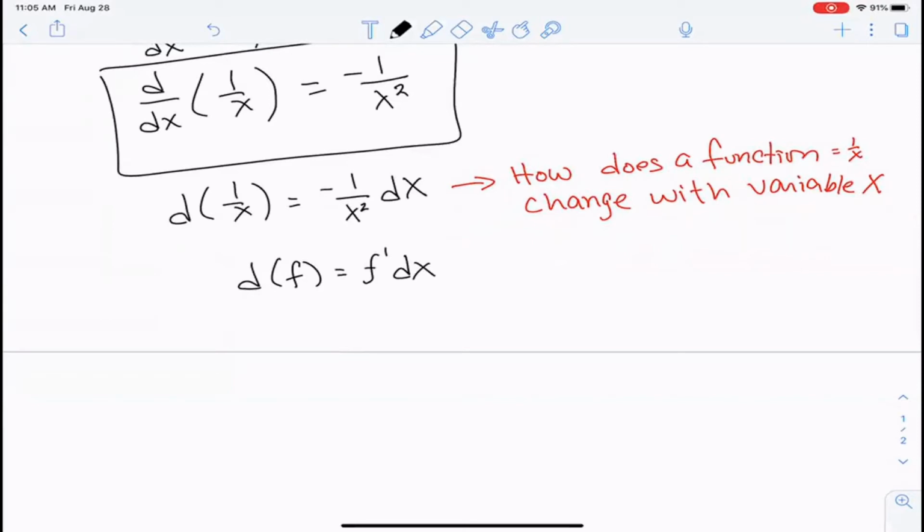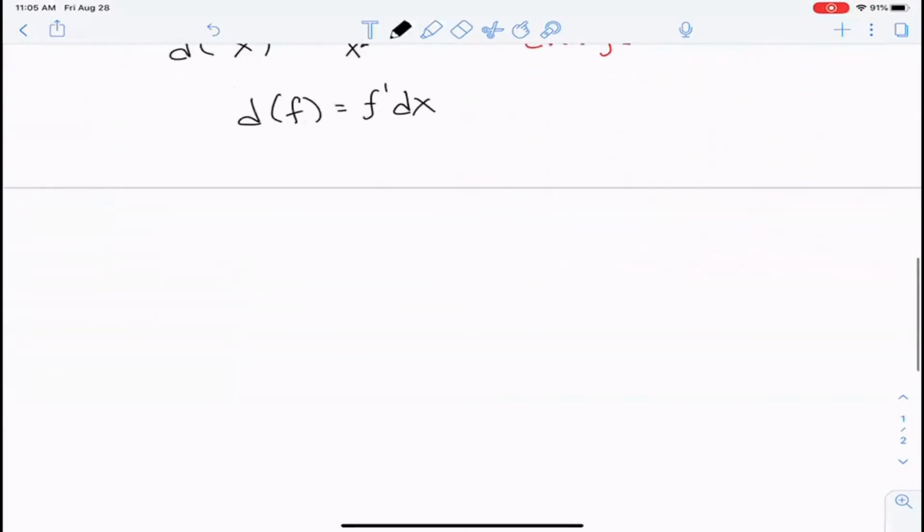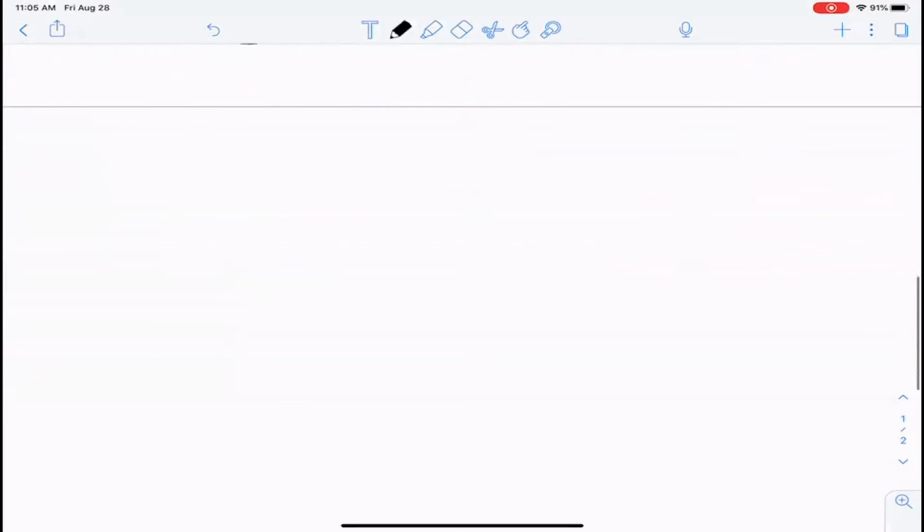And that's where we're getting into the multivariable calculus part of our discussion today. And of course, if you haven't taken that yet, hopefully this is like the first lecture in multivariable calculus or something very close to it. But the question that we're really going to ask ourselves is, how does some function change with two or more variables? And maybe we can illustrate this with an actual example.